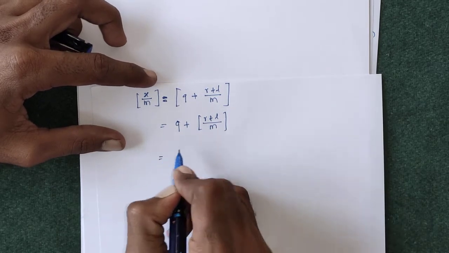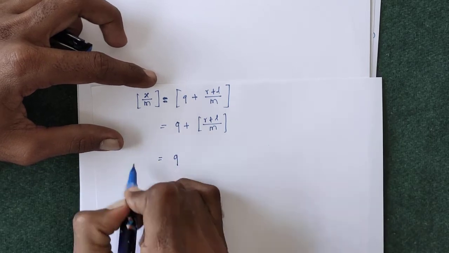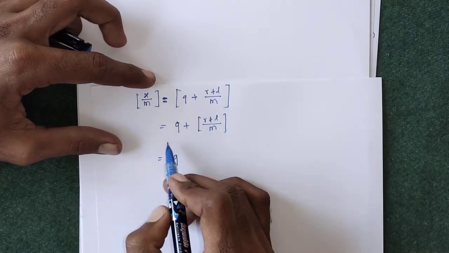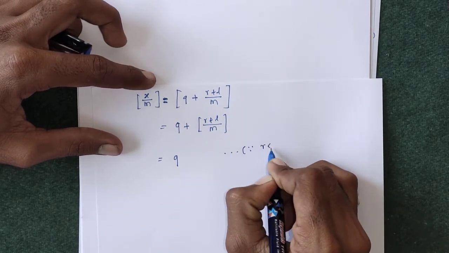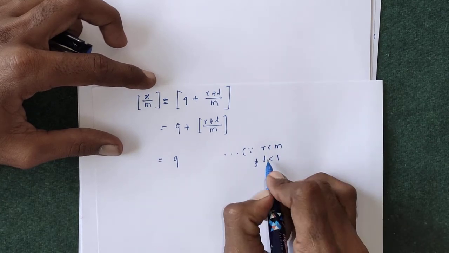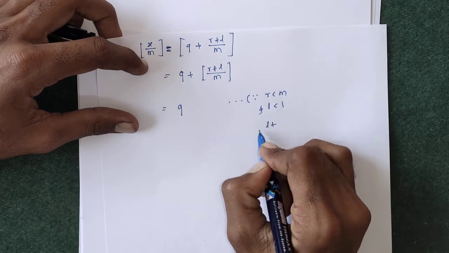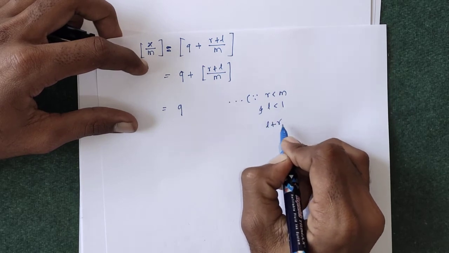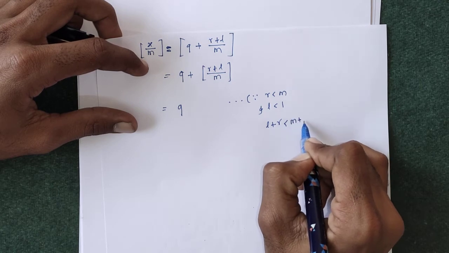So clearly we can say that r plus l is less than m, and we can write the integral part of x by m is equal to q, since our r is less than m and l is less than 1. So clearly we can say that r plus l, or l plus r, is less than m plus 1.